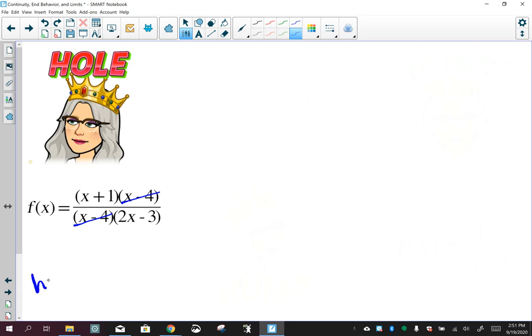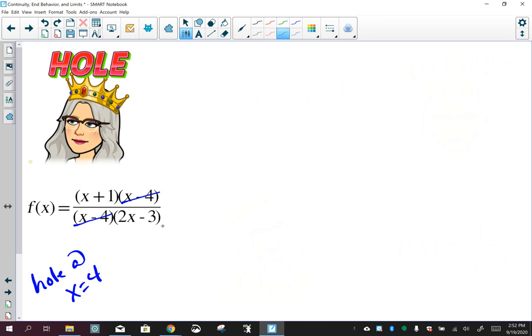So I have a hole here at x equal to 4, because if I take this x minus 4, set it equal to 0 and solve, that number makes it go to 0, and you can't have a 0 in the denominator. So I have a hole right here at that x minus 4.